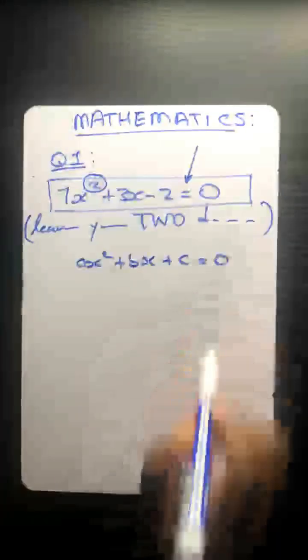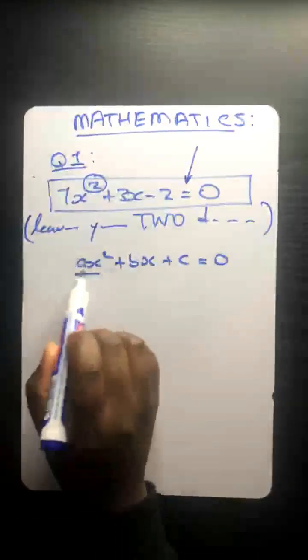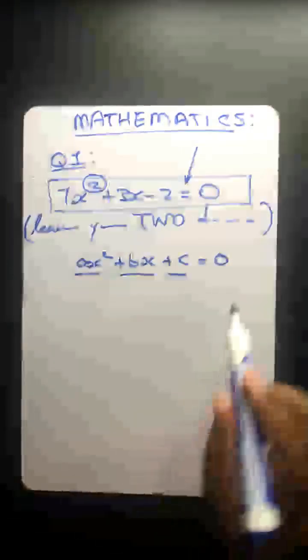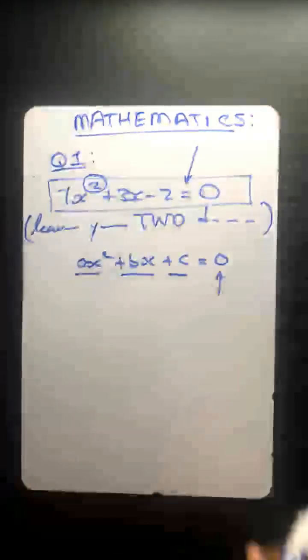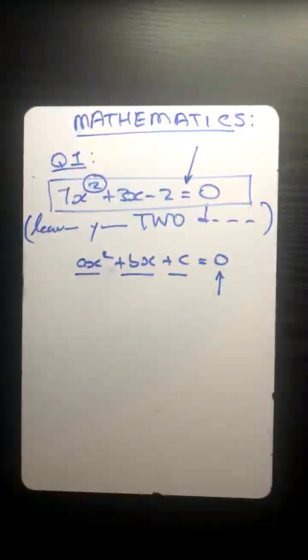This is the standard form. It has to be in that format of a coefficient times x squared, plus bx, and then a constant. Everything must be equated to 0. Only if it is equated to 0 do we say it is in the standard form.